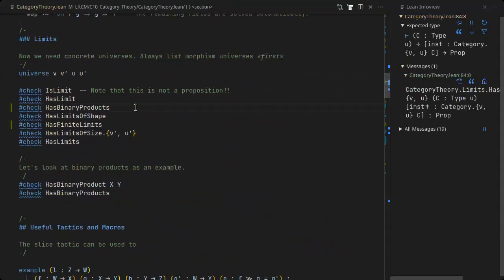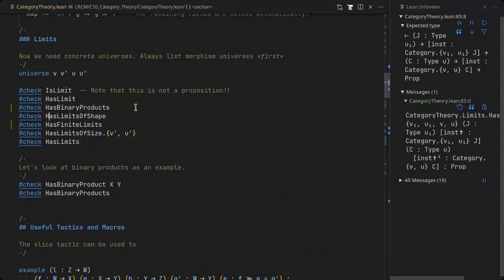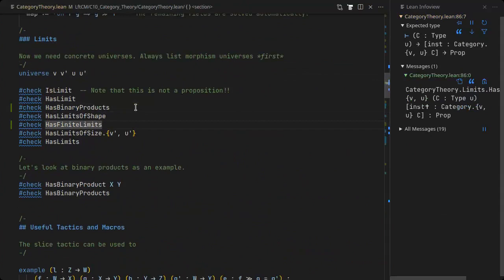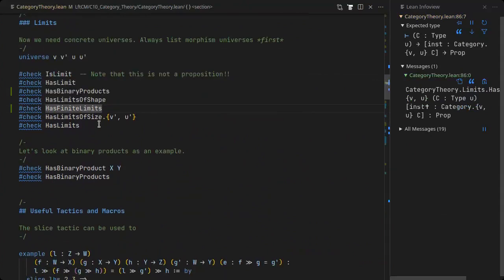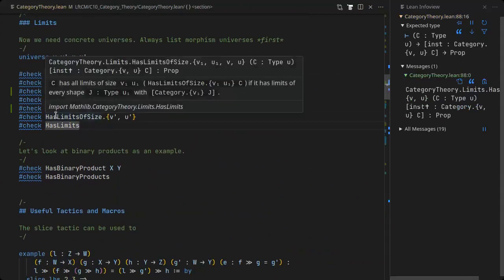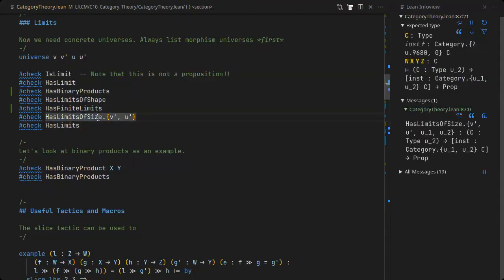And so we also have has finite limits, which is the obvious thing, and then sometimes it's important to state... So there's something called has limits of size, and the size here doesn't really talk about the cardinality of the diagram, but instead it talks about the universe of the diagram.